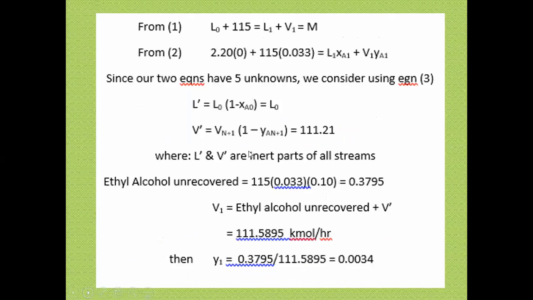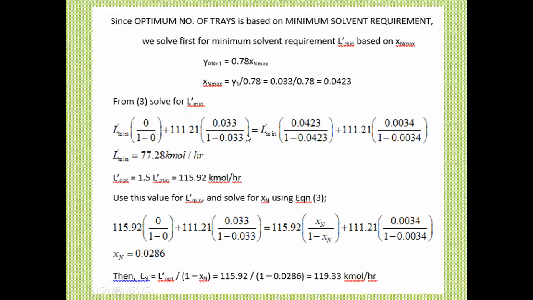And that's what's done in here. So everything was placed in here. These two are given. This is given. This one was solved. And the X sub n was taken from the equilibrium equation. Now, this is your minimum solvent requirement.